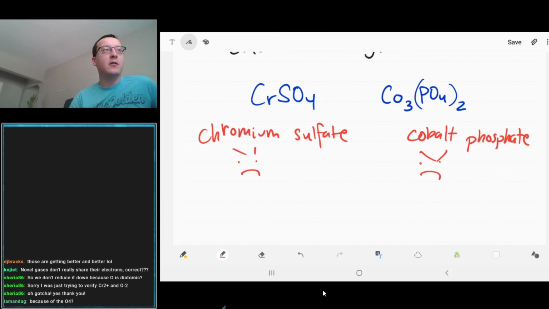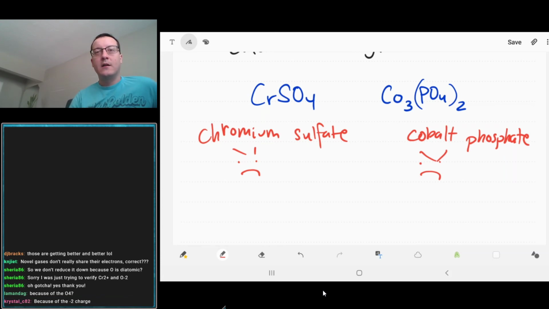No, because of the O4, not really. It has more to do with the metals. Like for sure, SO4 2 minus is sulfate, and PO4 3 minus will always be phosphate. It's not necessarily, well, kind of. We're getting there.